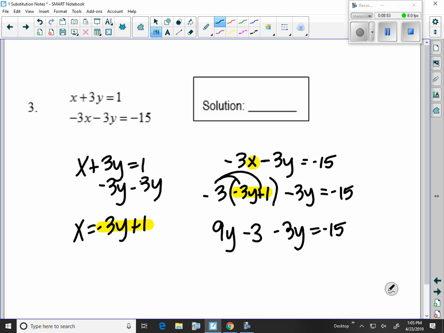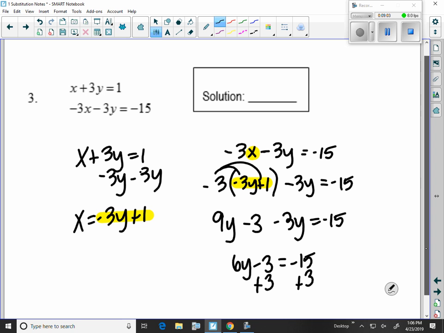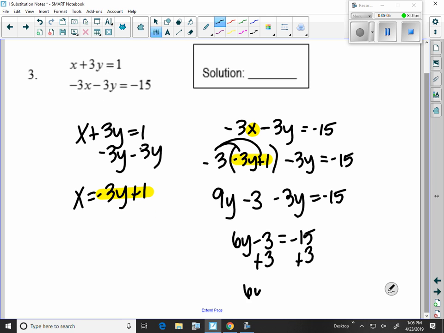Combine like terms, maybe? Okay. Give you a minute here.